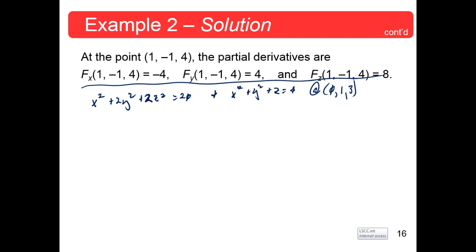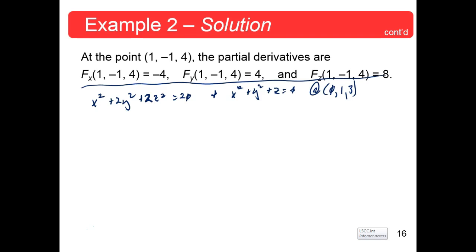So let's verify that it is. When x is 0, that's fine. Y is 1, so this would be 2 plus z squared, which is 9 times 2 is 18. 2 plus 18 is 20. It's on the ellipsoid. How about this one? 0 plus 1 plus 3 is 4. Sure enough, it's on that. So that point is on the intersection of those two things.